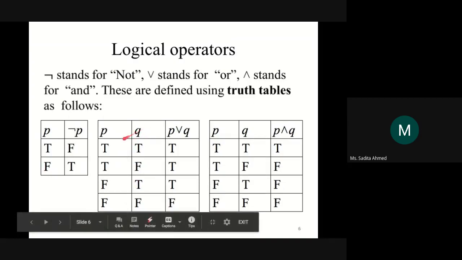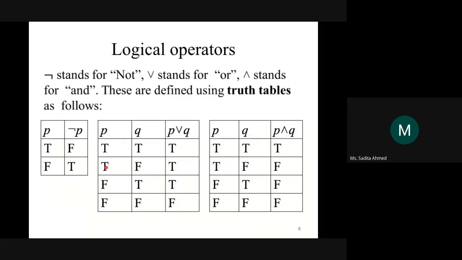The reason you have two trues and two falses here is because we're looking at the combination of both variables together. It's not like this column stands for P and this stands for not P. You don't know the truth value of P, okay? Don't get that confused. Thank you for your question. Thank you for your observation. I want you to understand that these two things are different, all right?